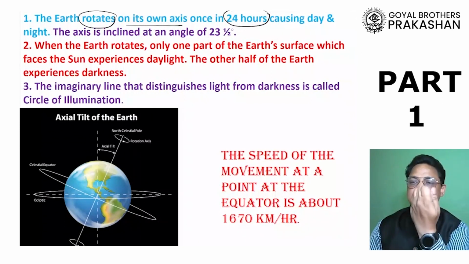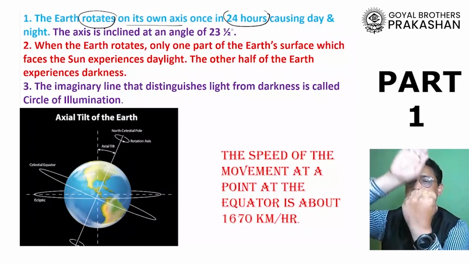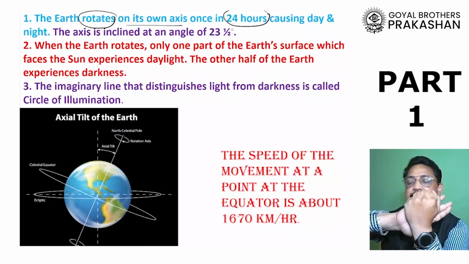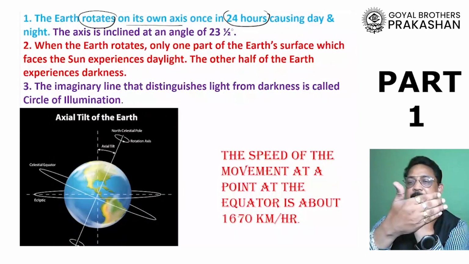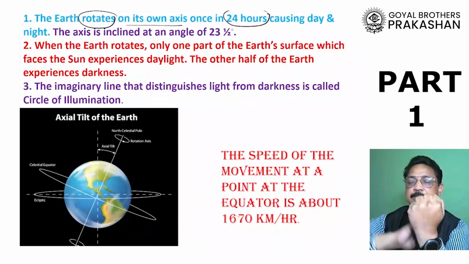The earth rotates around itself. Now suppose my hand is representing the earth. On this part of the earth the light is falling, but on the other side it is in darkness. So here it is light, so this will be the daytime. On the opposite side it is darkness, so it is night time.